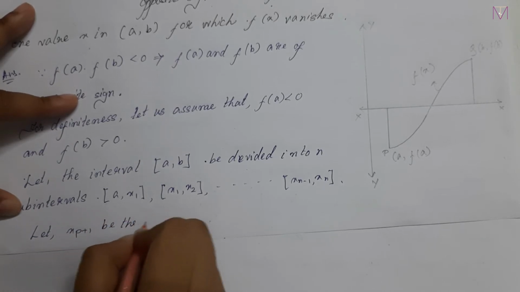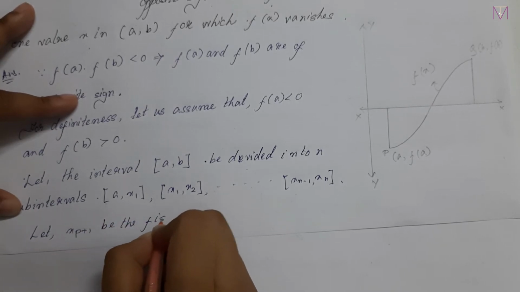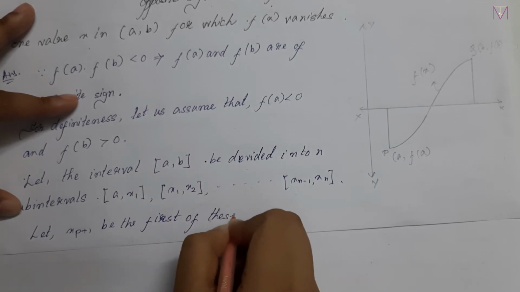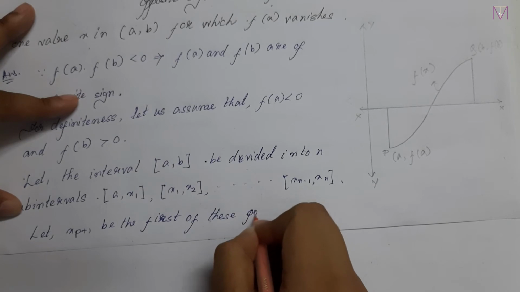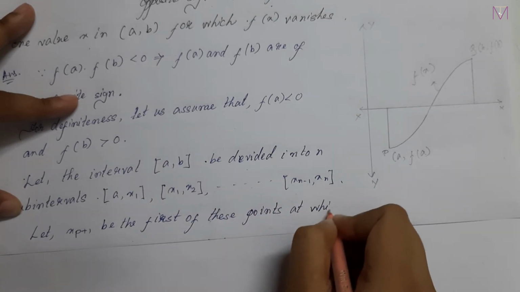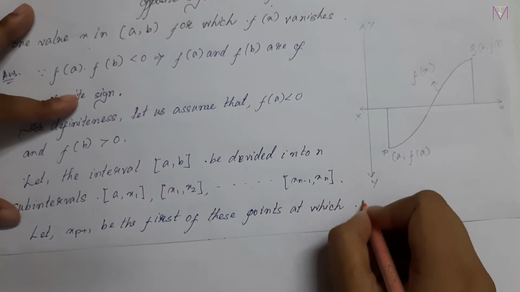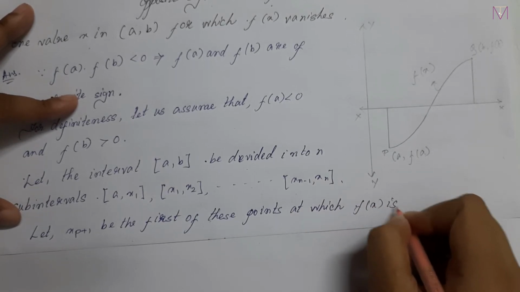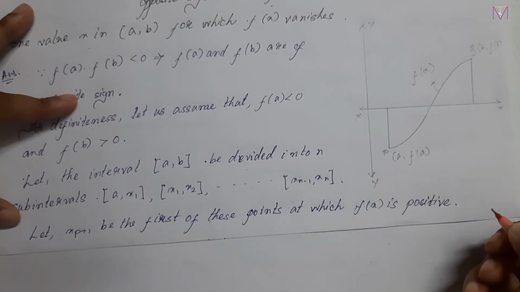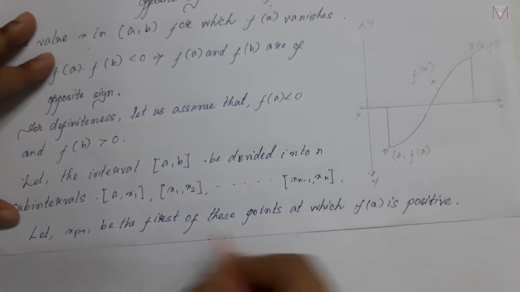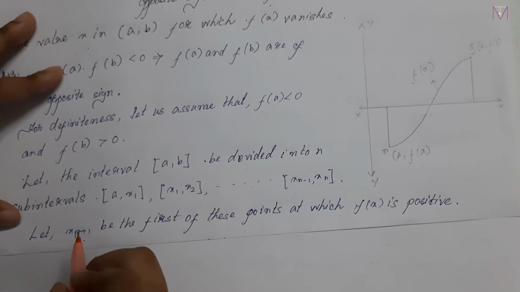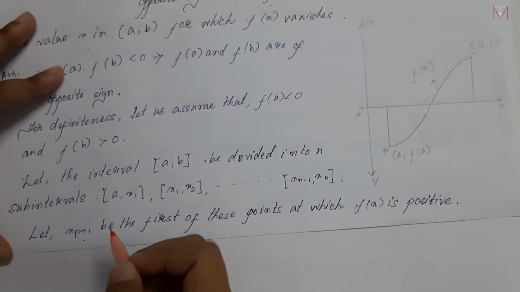Let x_{p+1} be the first of these points at which f of x is positive. And then we said that at the point xp, f of xp is less than 0 or equal to 0.